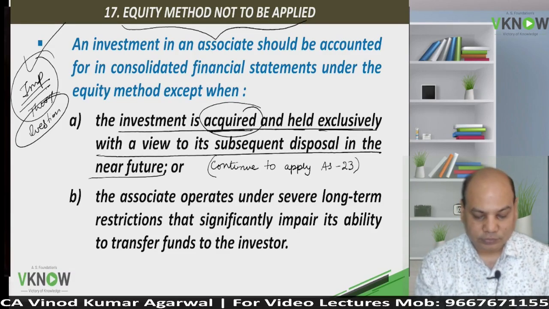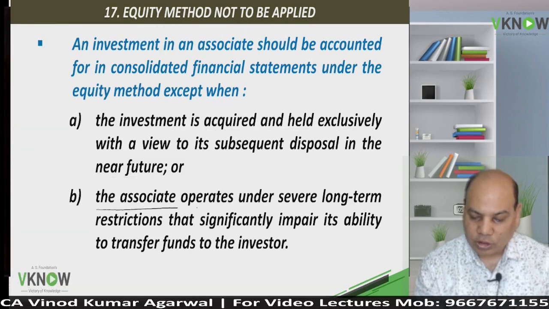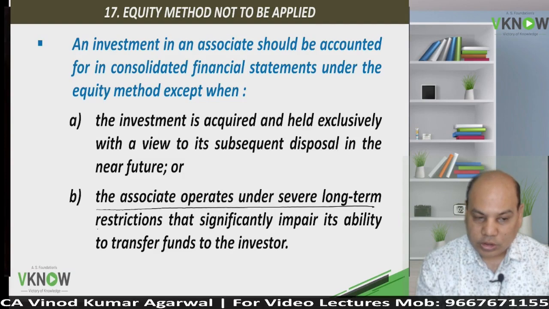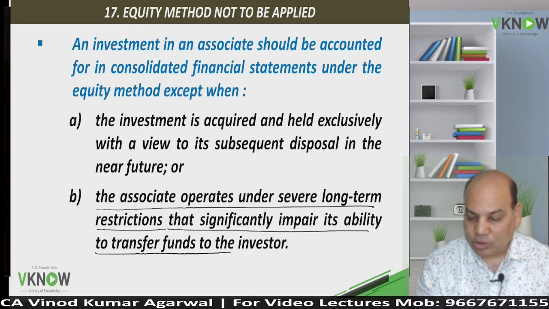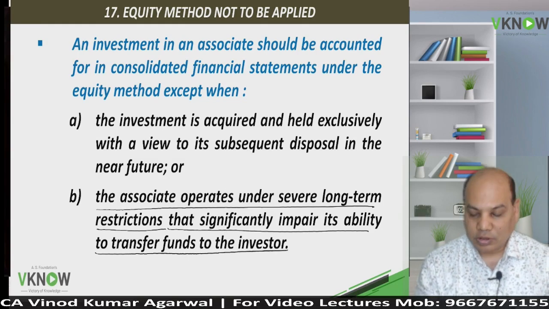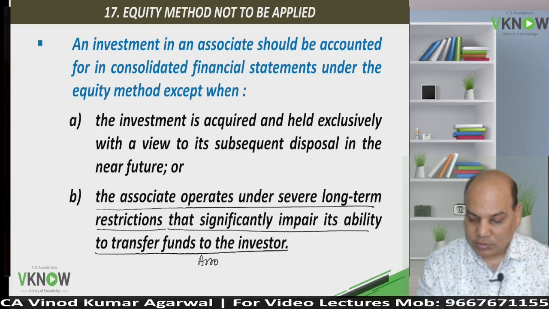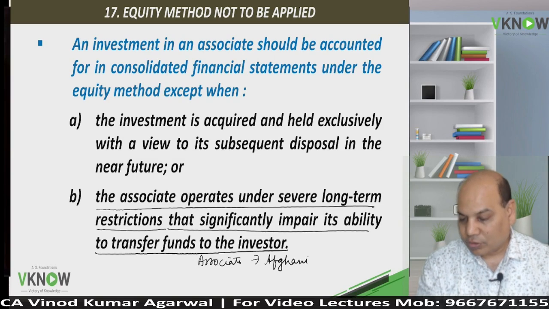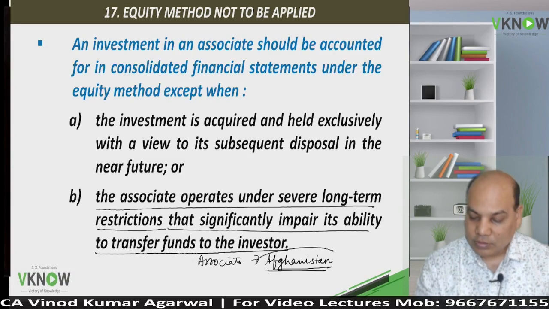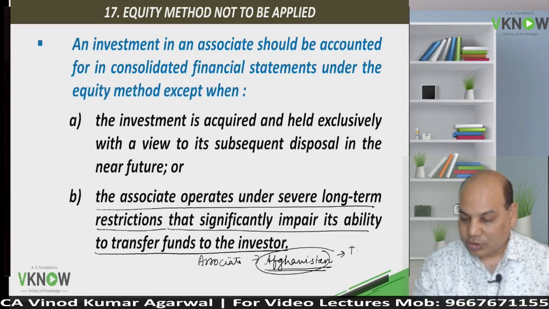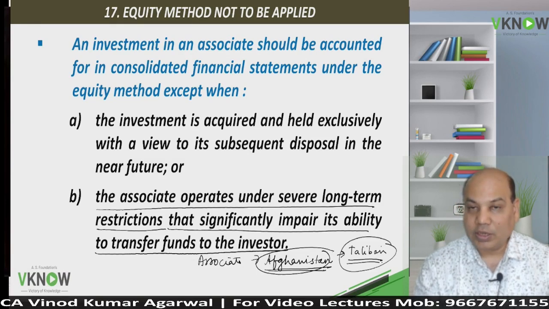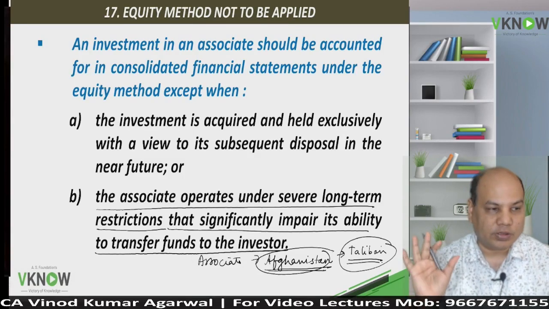And the second is that the associate operates under severe long-term restriction that significantly impairs its ability to transfer funds to the investor. Let us say the associate is a company located in Afghanistan. Afghanistan is taken over by, suppose, the Taliban. The Taliban has put a ban on outflow of funds.